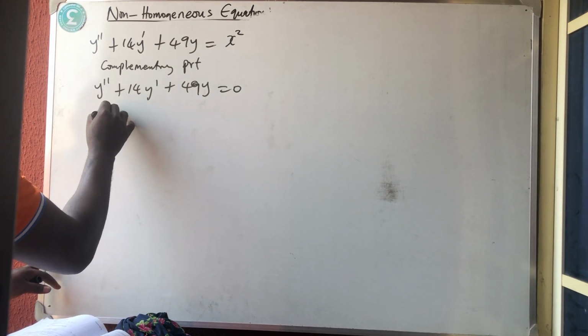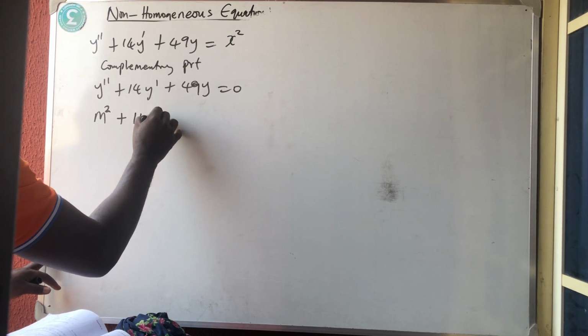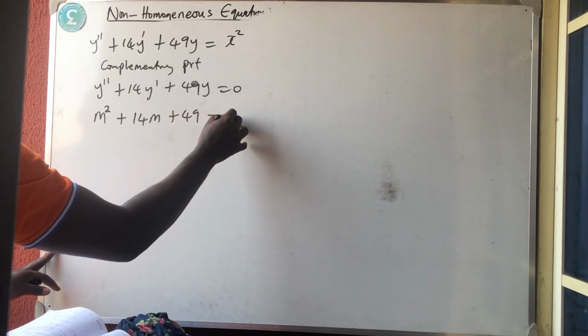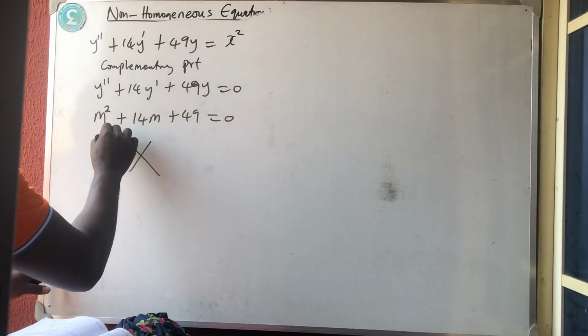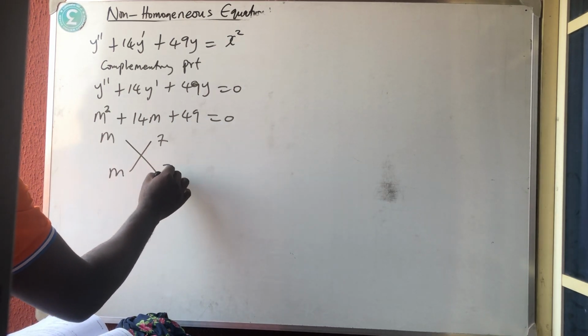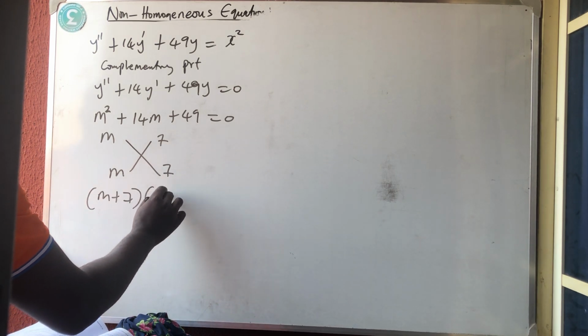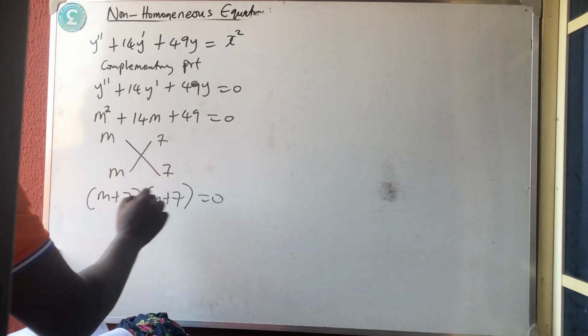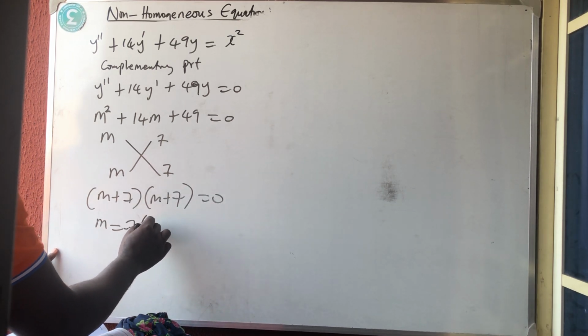So I'm having y's auxiliary equation, m squared plus 14m plus 49 is 0. So I'm having m and m, 7 and 7. So I'm having m plus 7 and another m plus 7 is 0. So I'm having that m is equal to minus 7 twice.